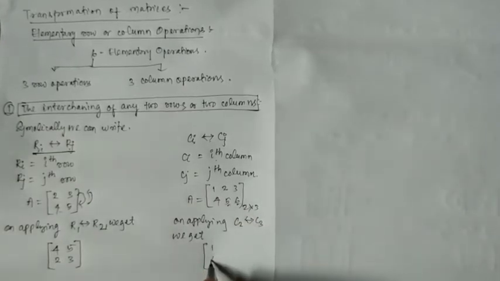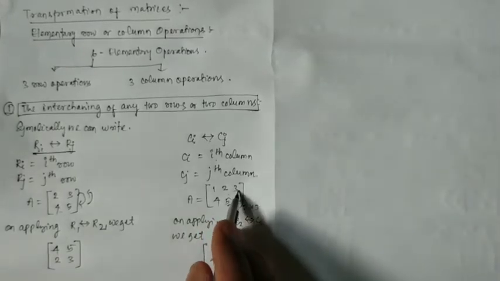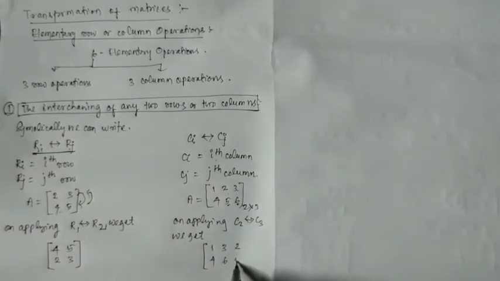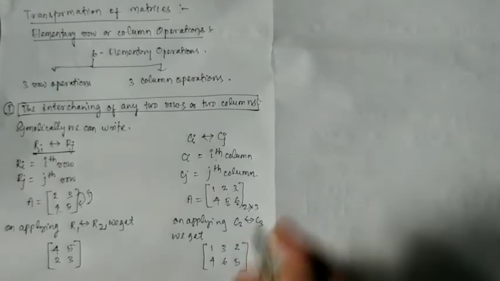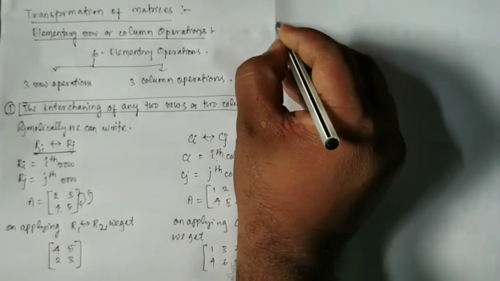That means here column 1 is the same, in place of column 2 we write column 3, in place of column 3 we write column 2. Understood?